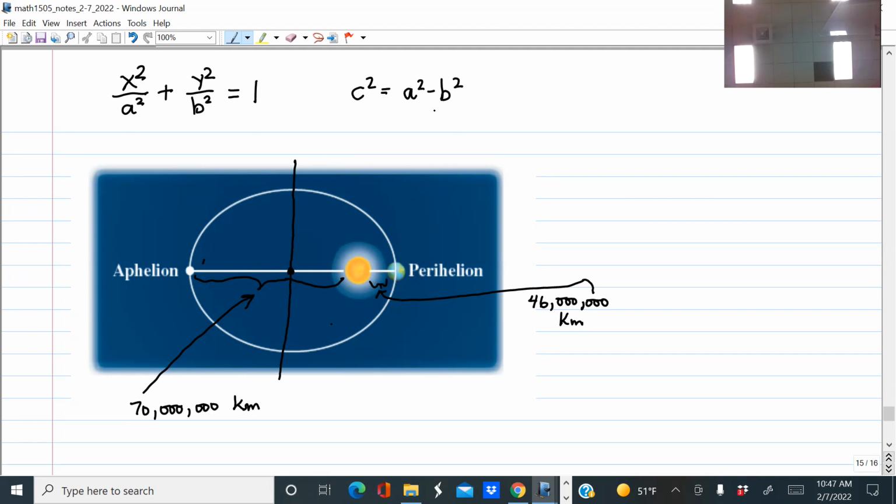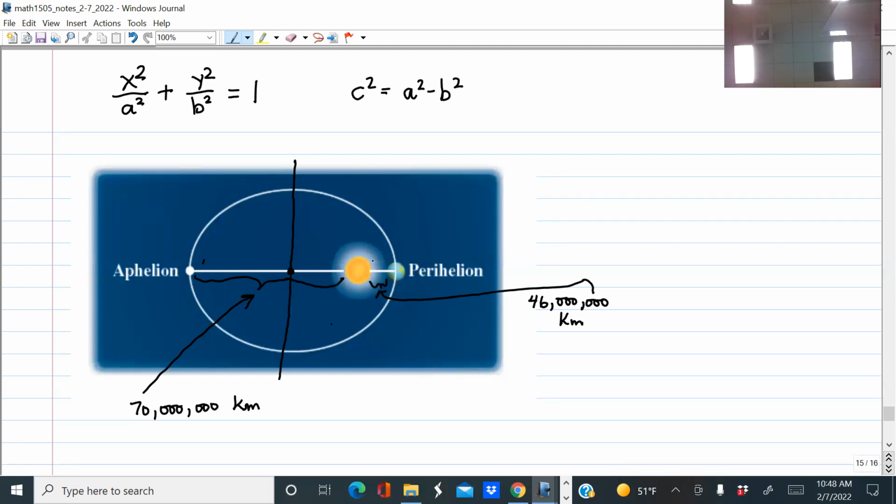So what do I know? I think I can figure out what A is from the information that's given to me. Can't we figure out what A is? Because if you add this distance and this distance, the 70 and the 46, that would give you the total distance from the left x-intercept to the right x-intercept, where we've got the planet located.